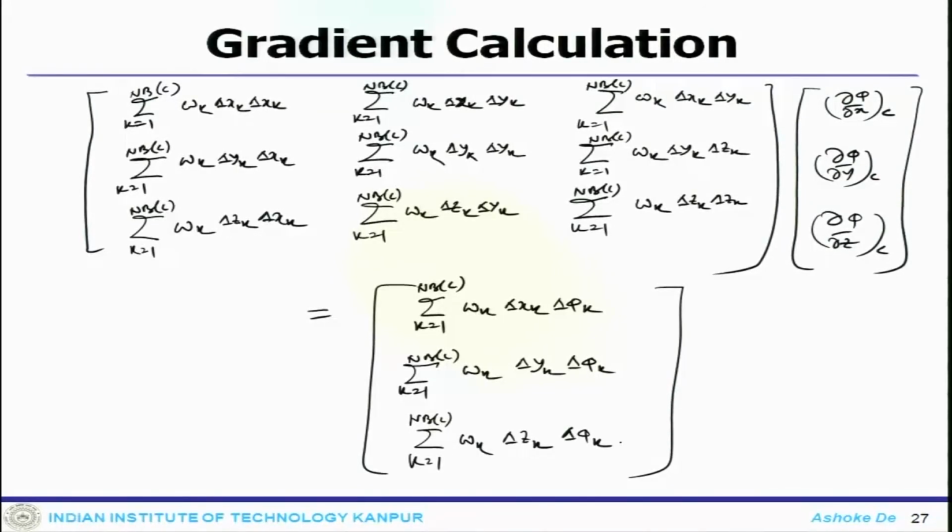So, you have essentially the matrix form. This is the matrix form of the previous equation.